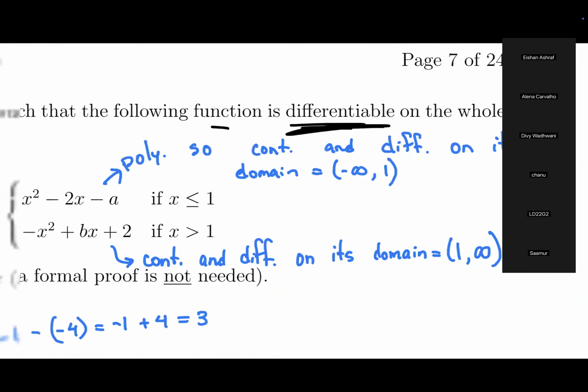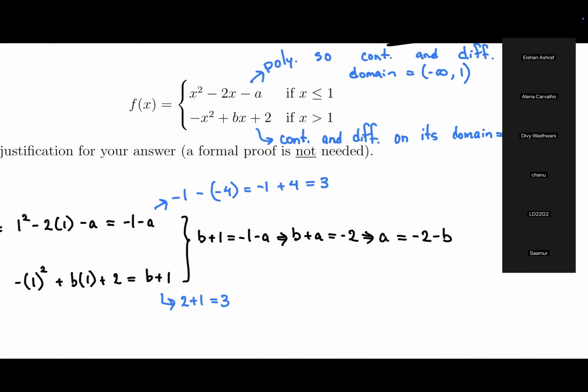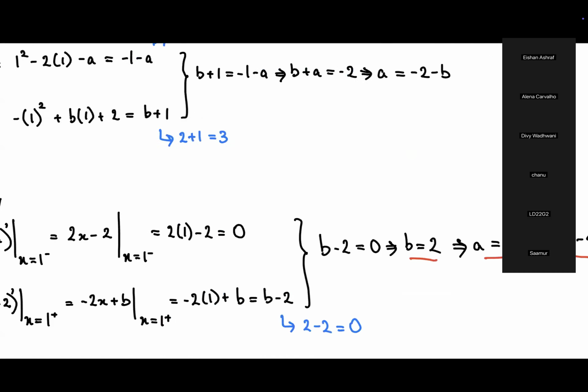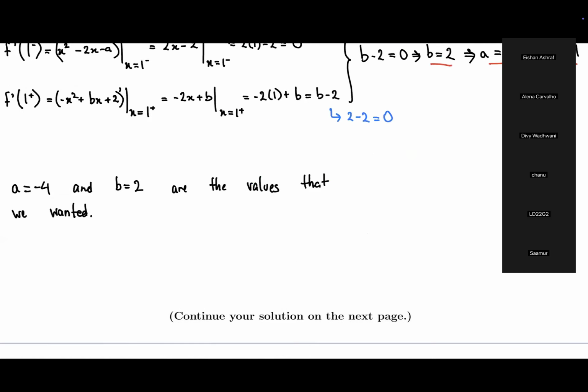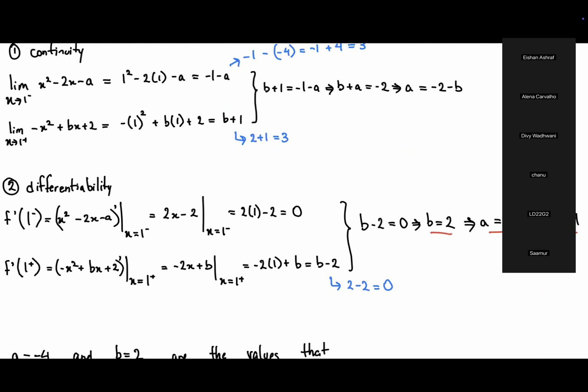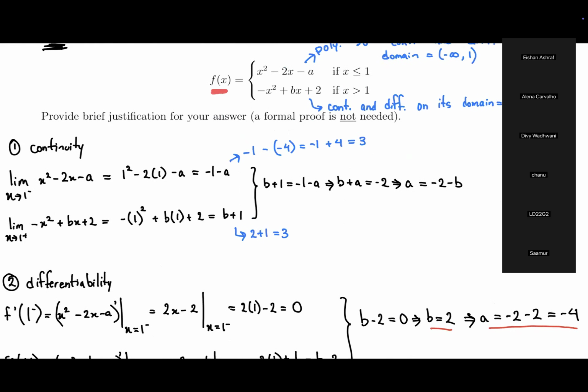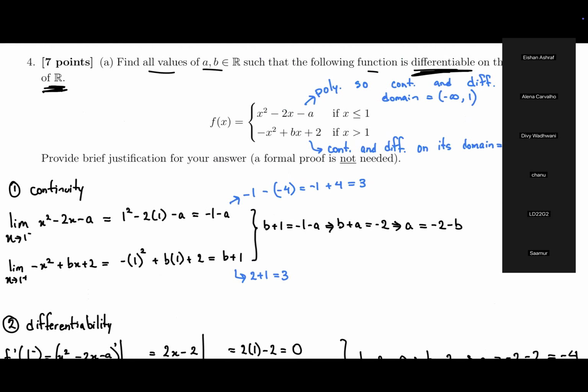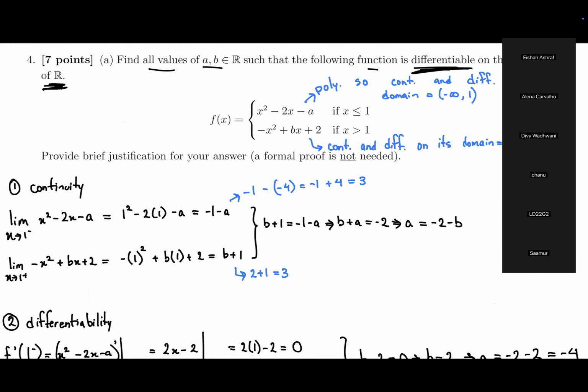So we just have to look for continuity and differentiability at x equals 1, and we solve for the a and b values that allow that to happen. Because of that, we can conclude that these a and b values allow f of x to be differentiable on all real values. So that's what's needed for question 4.